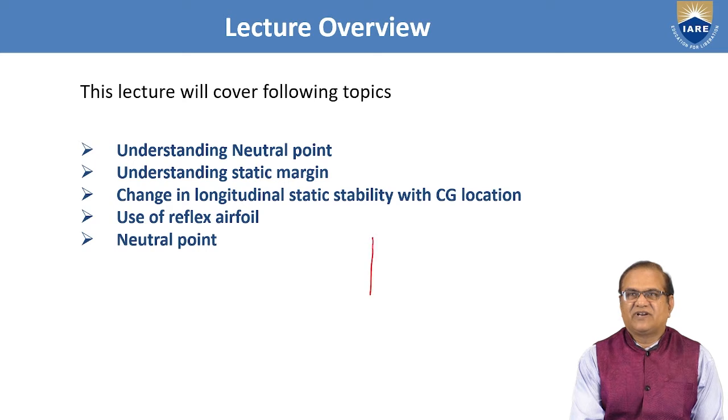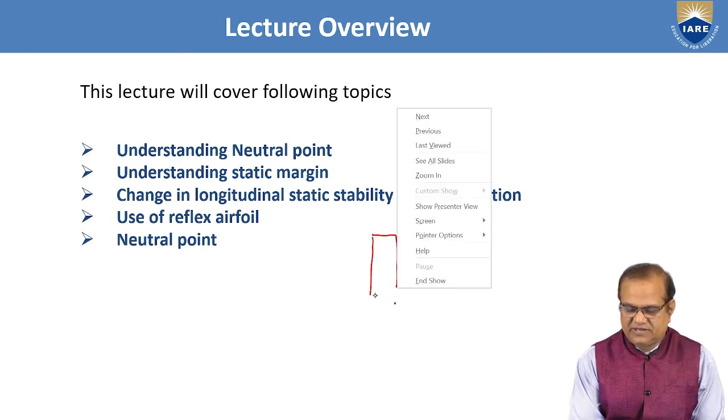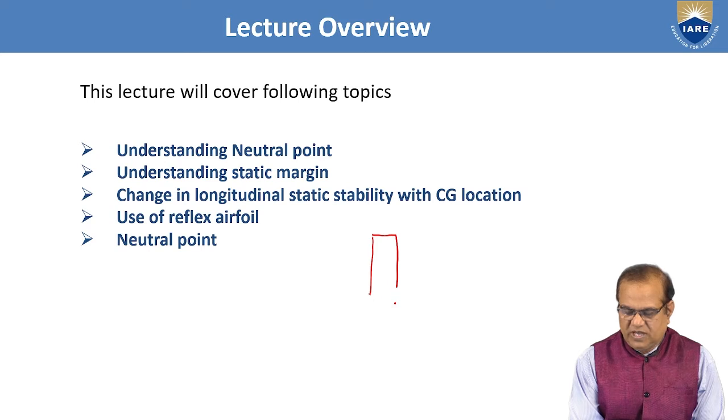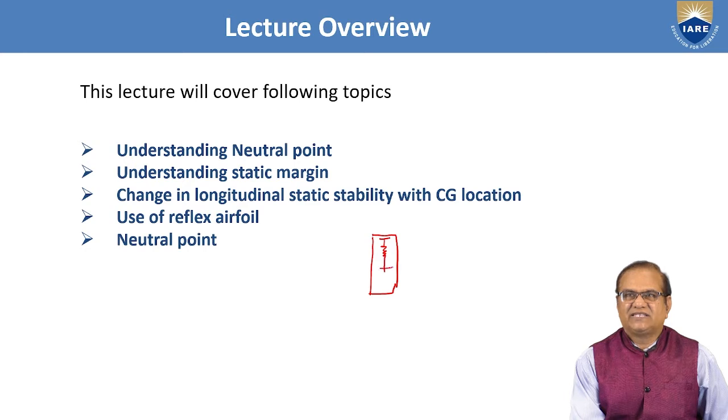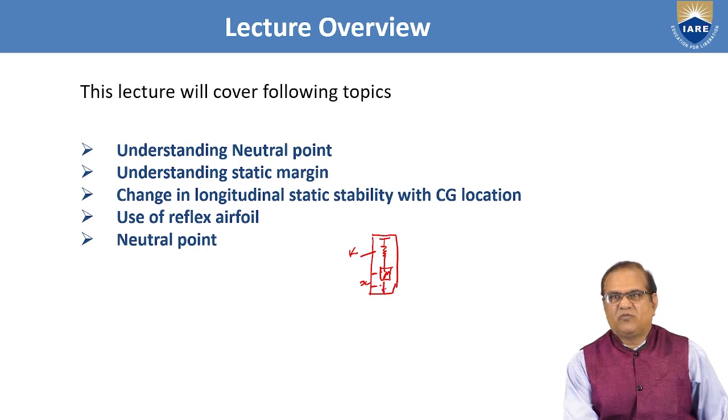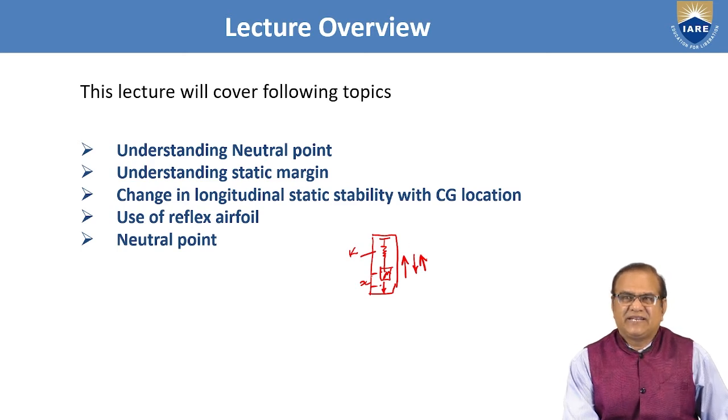Just I can draw here one small case where I can put the spring like this, and this is the mass, and this is the spring constant K, and if I move from here to here, this is the X. After movement, it will move like this and like this. Every time the tendency of this mass is to come to its neutral position, and this tendency is called static stable.